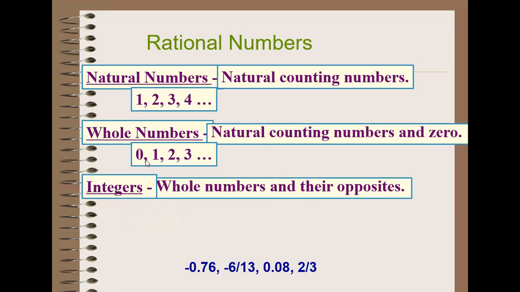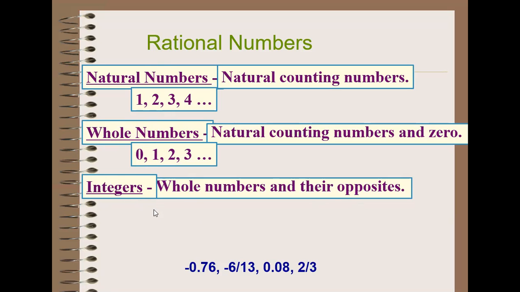And you know that the opposite of 1 is -1. The opposite of 2 is -2. The opposite of 3 is -3. 0 doesn't have an opposite because there is nothing called -0. So if you want to describe the integer numbers, they are whole numbers and their opposites.